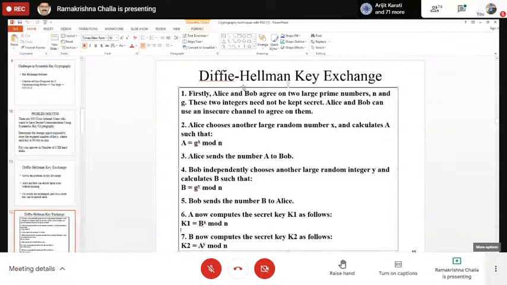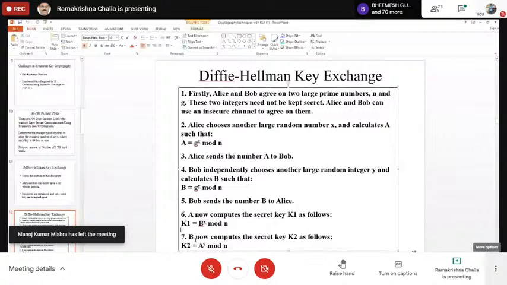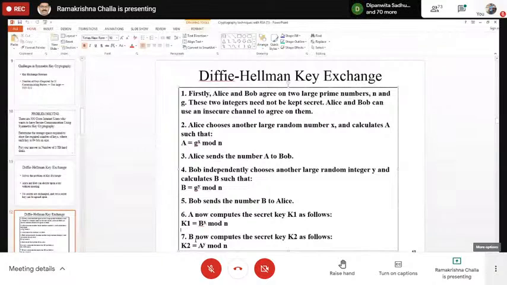So actually the key is determined by Alice and Bob independently by exchanging some numbers and following a procedure. At the end of the algorithm, whatever key the sender has generated, the same key has been generated by the receiver also. So that is exactly the requirement of symmetric key cryptography.